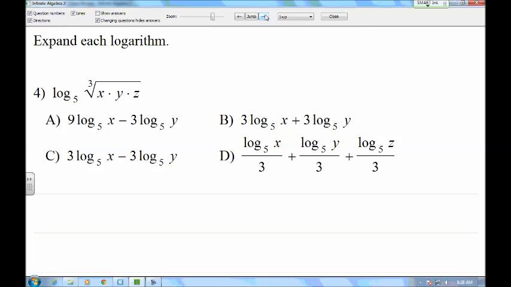Macon, are you working on it? B as in boy? Yep. Okay, do you know which one that matches?